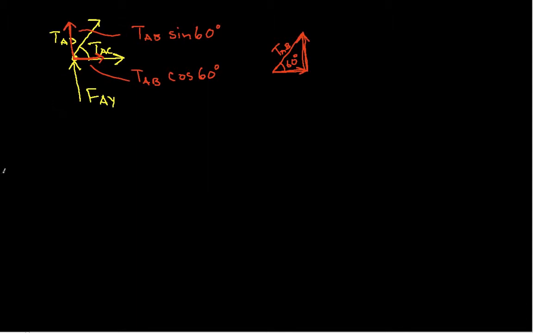So let's sum in the x direction. In the x direction we have TAB cosine 60 degrees plus TAC is equal to 0.